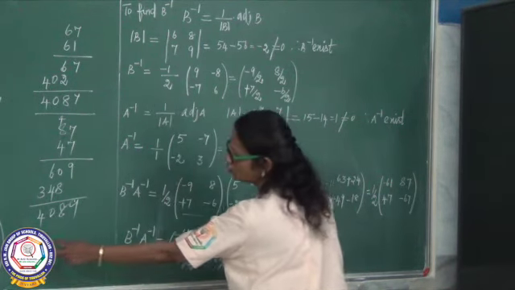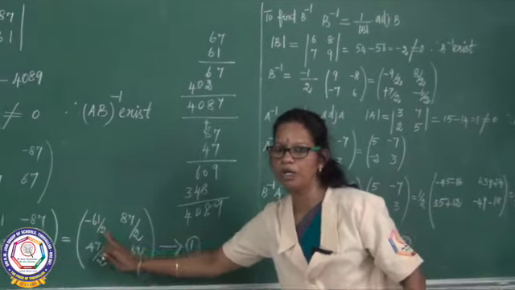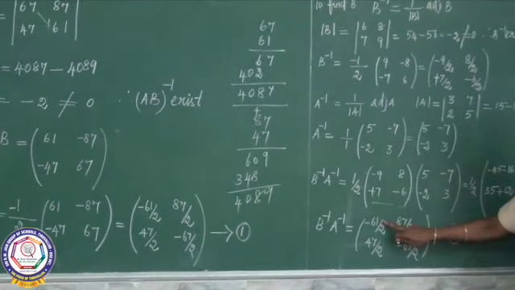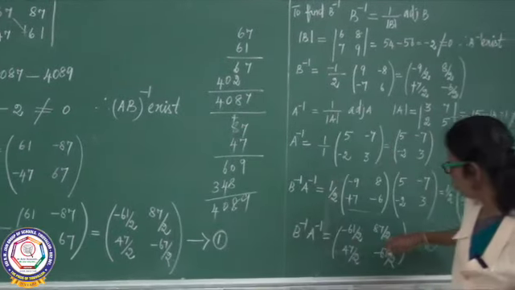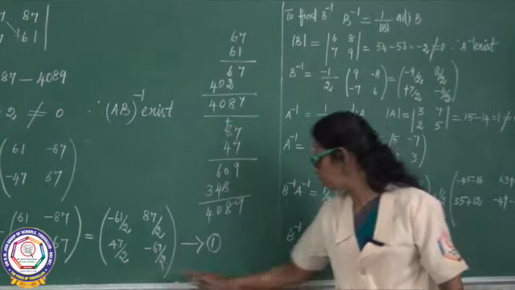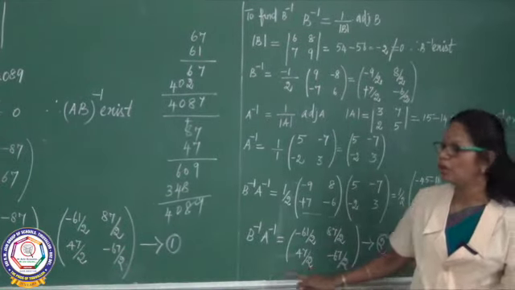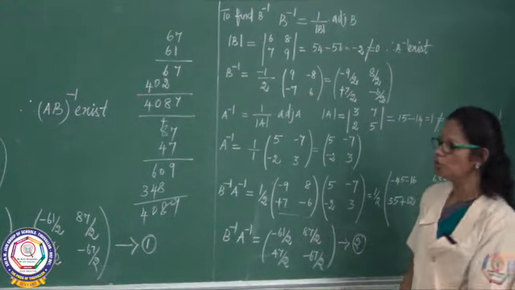See, verify your first equation and the second equation. First entry I arrived at minus 61 by 2, here also the same, minus 61 by 2. Second entry 87 by 2, here also I got 87 by 2. 47 by 2, 47 by 2. Minus 67 by 2, minus 67 by 2.